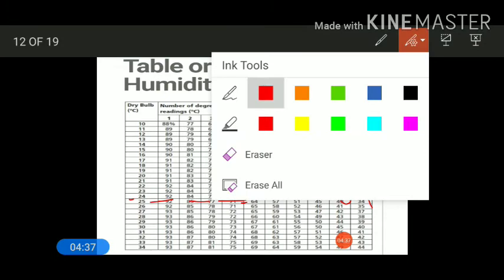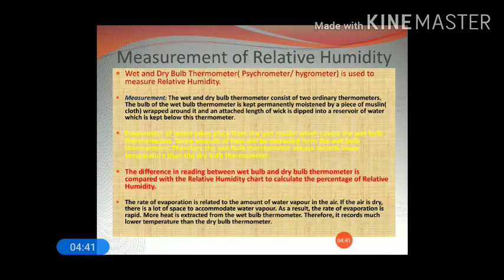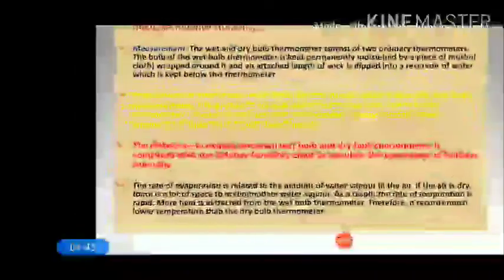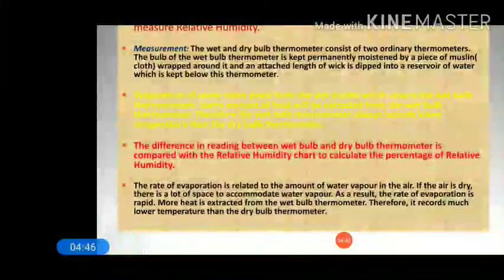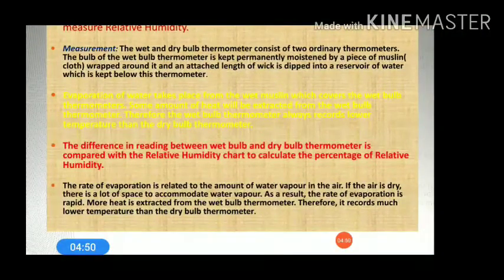Okay, now coming to next. The rate of evaporation is related to the amount of water vapor in the air. If the air is dry, there is a lot of space to accommodate water vapor. As a result, the rate of evaporation is rapid. So to have a rapid rate of evaporation, the air needs to be dry.